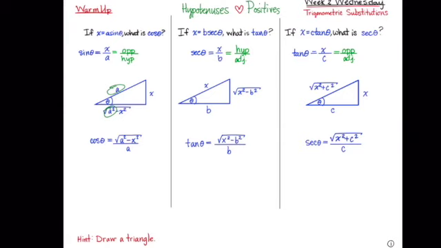So in the first example, a squared minus x squared, a is the positive part, it goes on the hypotenuse. When we have an integral involving a square root of x squared minus b squared, then the positive part of that is the x squared, so the x is what goes on the hypotenuse. And then if we have all positives, so here the first term is positive, we have a positive for the constant, that whole thing goes on the hypotenuse.